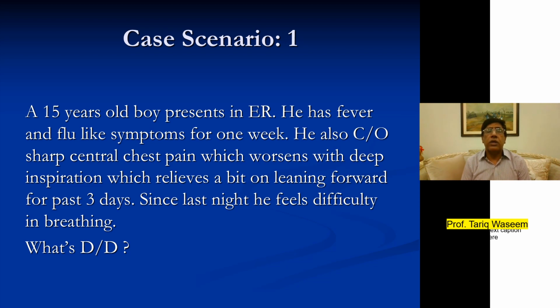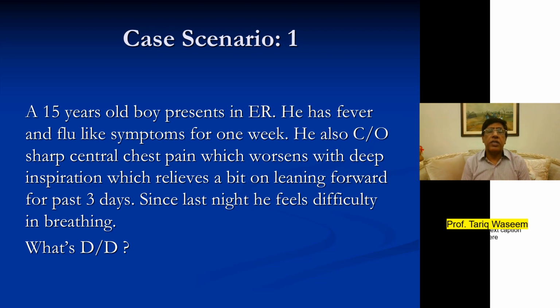Now, this is an acute presentation with a febrile illness with some symptoms which are likely to be of viral or bacterial origin. The symptoms may be because of respiratory involvement. The pain has some pleuritic characteristic to it, which is worsening on inspiration and probably relieved a bit on holding the breath.